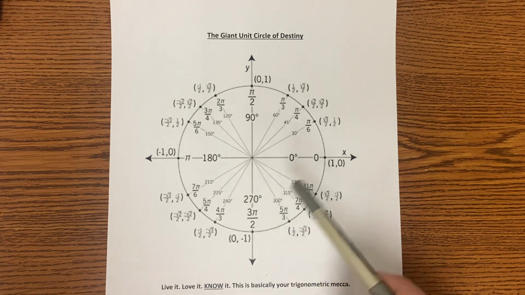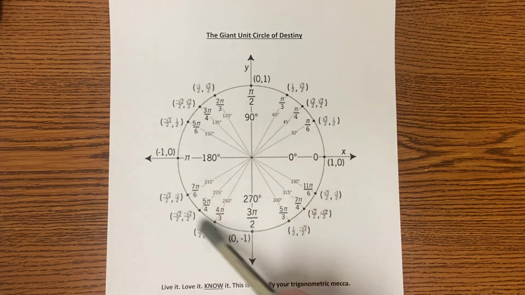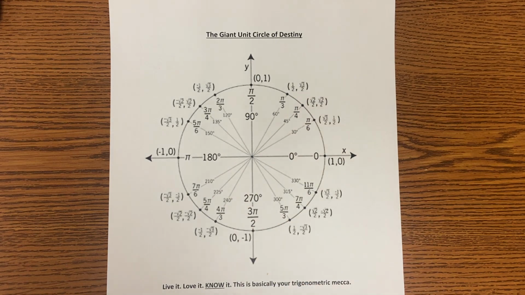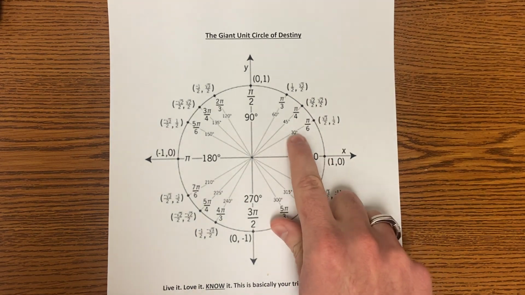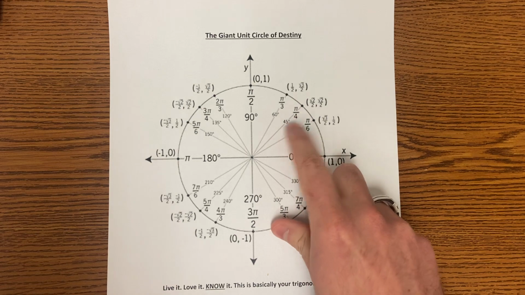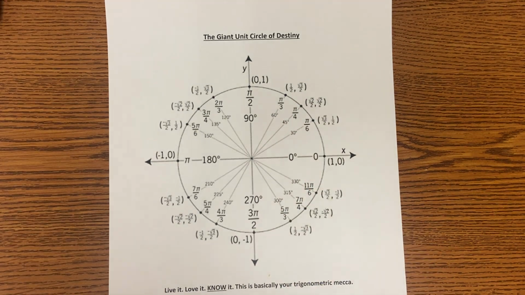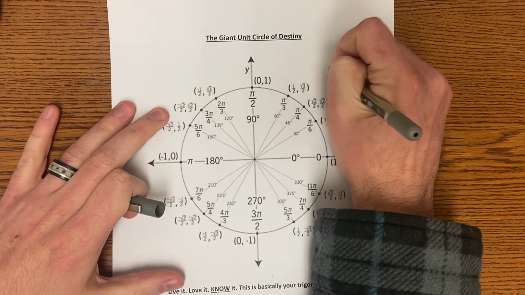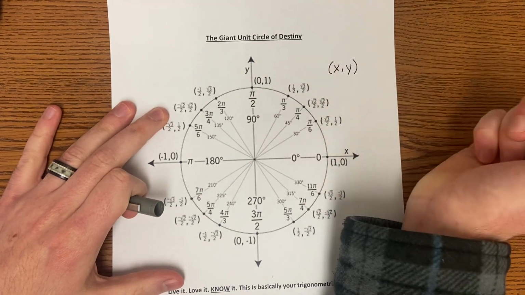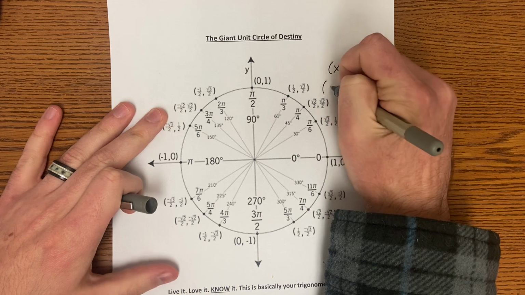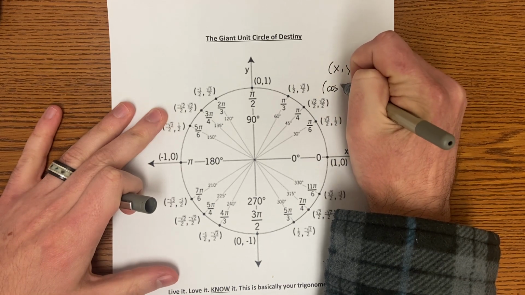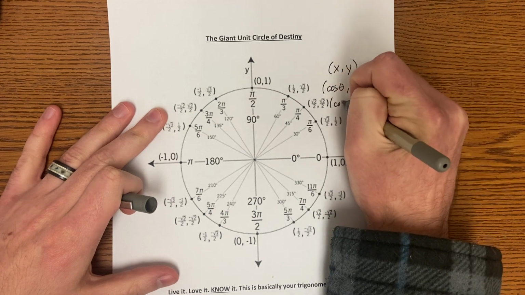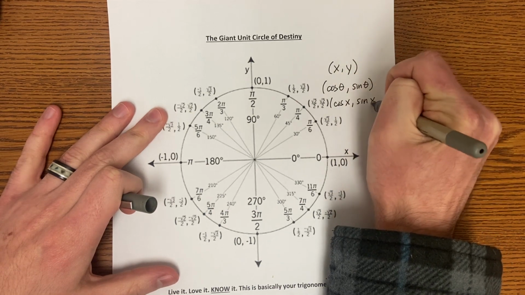The circle whose radius is 1 creates all of these values at various points, and these are the degree measurements and the equivalent radian measurement for each of these. So you're already familiar with the degrees. One thing to note is that the xy value on the unit circle is the cosine value of theta and the sine value of theta, or the cosine value of x and sine value of x.